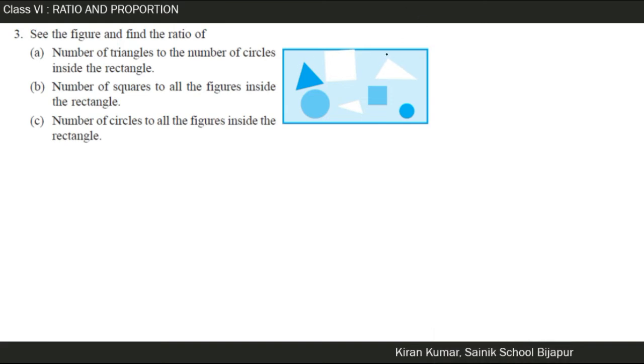In the given figure, just observe the number of triangles. There are 3 triangles. The number of circles, there are only 2 circles. The number of squares is also 2.